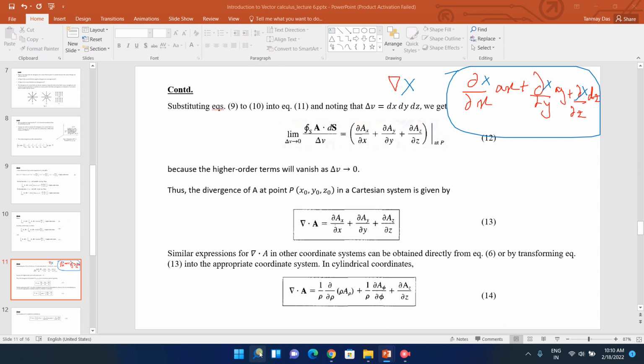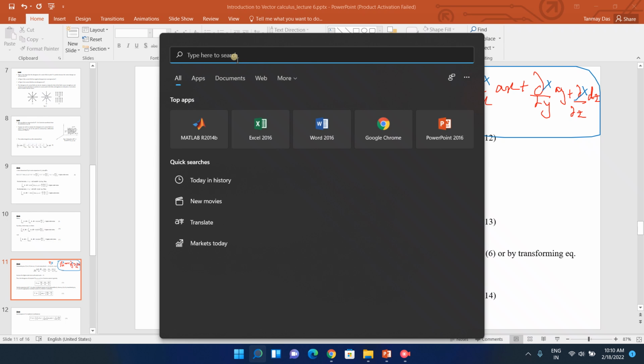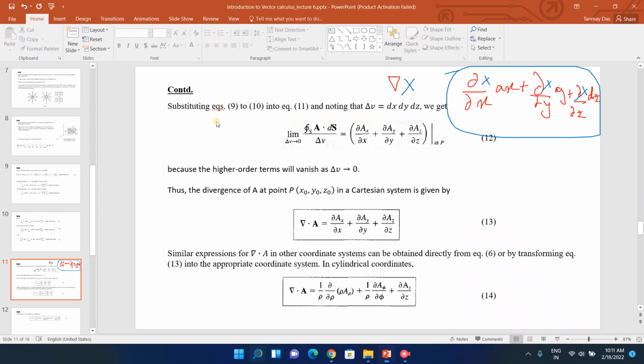Now in this divergence case, it is a little bit different because the divergence of A is actually the dot product of two different vectors.